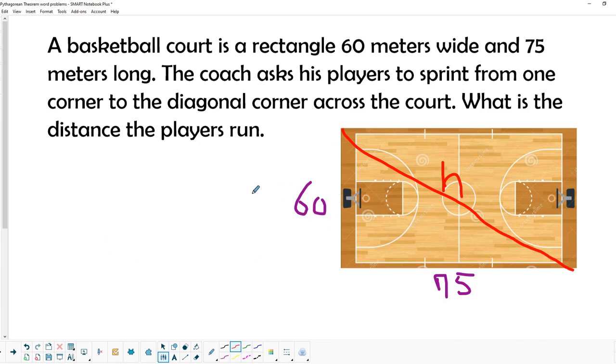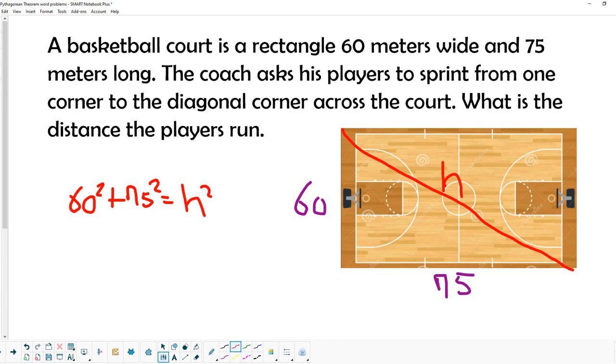I guess we could call that A squared plus B squared equals H squared. All right, so now what's 60 squared plus 75 squared?